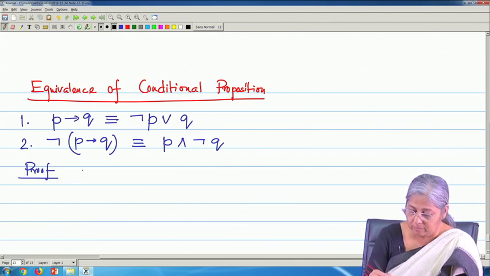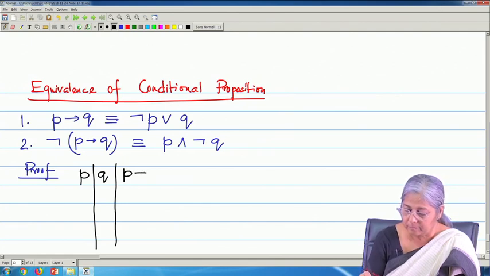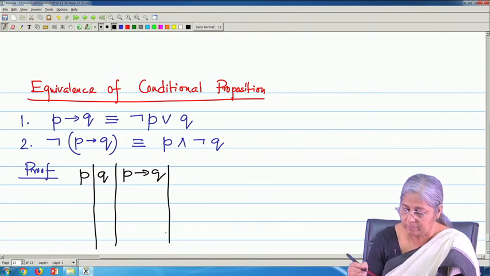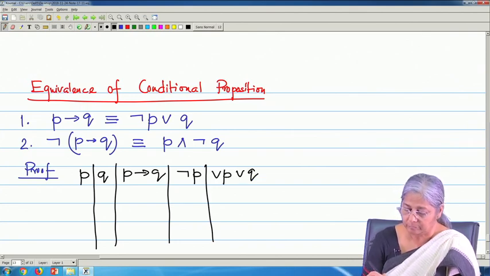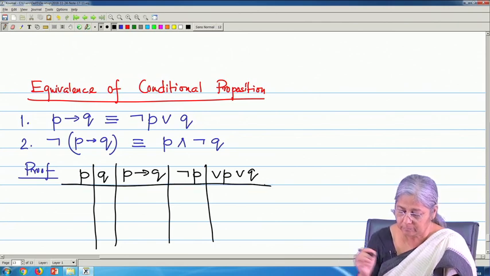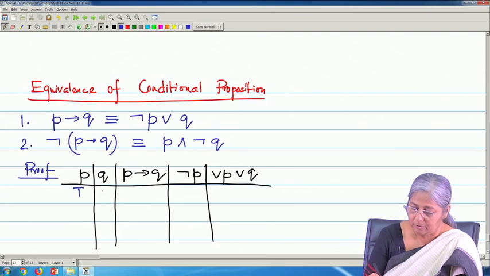So, we draw the truth table and take all possible assignments as usual.